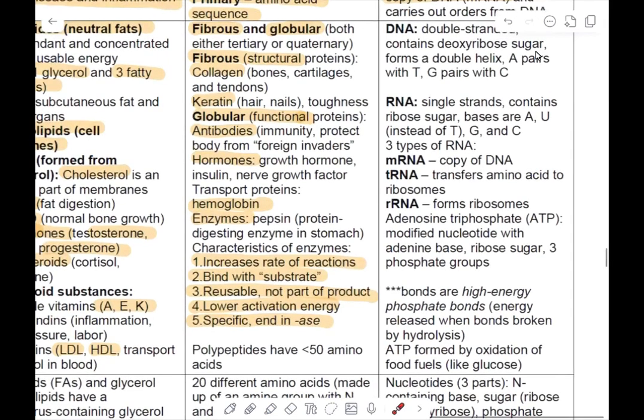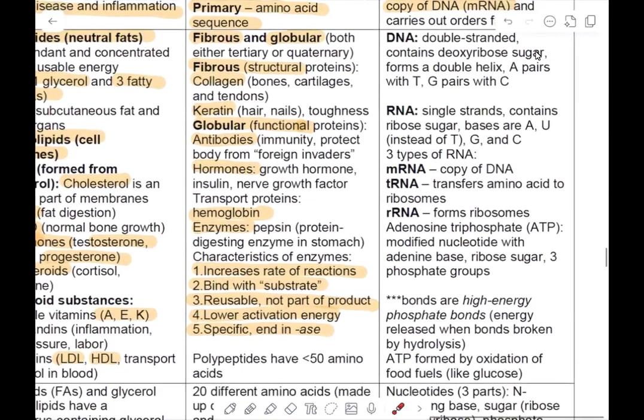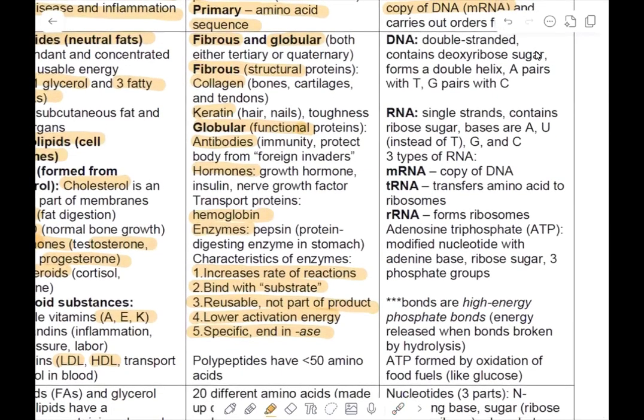The last group of macromolecules is nucleic acids, and DNA would be double stranded, and it's a double helix. It has adenine, thymine, guanine, and cytosine. RNA is single stranded, and it contains adenine, uracil, guanine, cytosine, and there are three types of RNA.